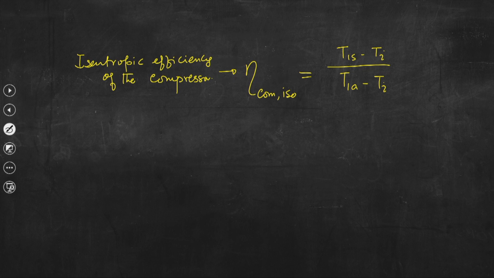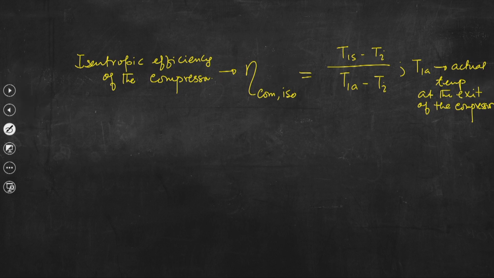So, here T1a is the actual temperature at the exit of the compressor, right, that we have discussed drawing all the processes in the HS plane, if you can recall correctly.